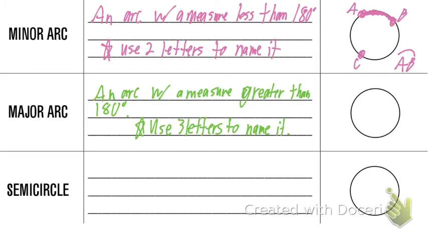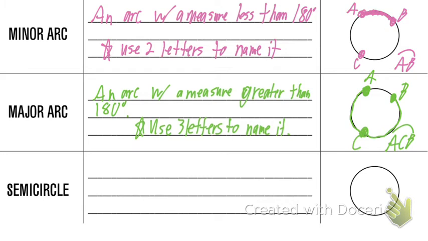So this would be the major arc. We'll connect it this way. A, B, and C. Notice I'm putting these in about the same place as before. So we're talking about the major arc A, C, B. It's going to go from A to C to B. So that's how we know whether it's going A to B the short way or the long way.